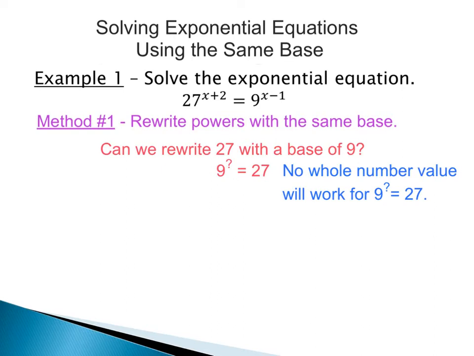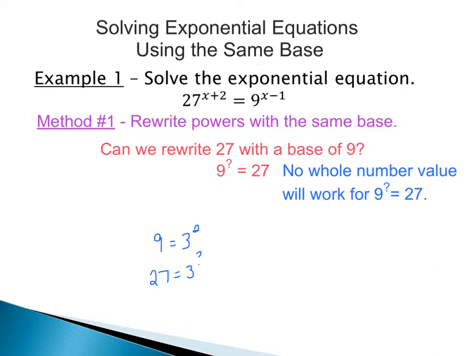So is there another way that we can rewrite 9 and 27 with the same base using our powers? Well, I know that 9 is equal to 3 squared. So then the question is, if I know I can rewrite 9 as 3 squared, can I rewrite 27 as 3 to some power?